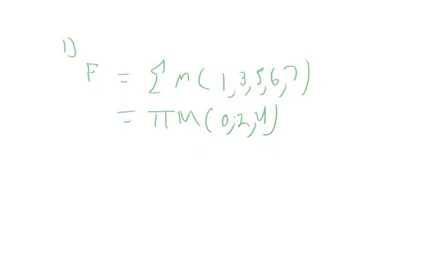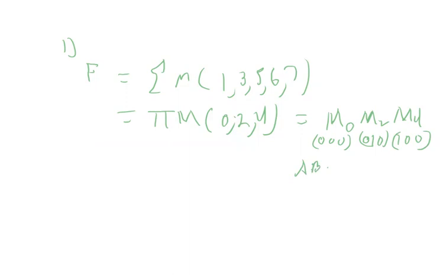Form the complement of the expression. You could write this out in longhand, M0 times M2 times M4. And if you put it in binary, what would you write? This is supposed to be a product of sums, so you need plus signs in here.